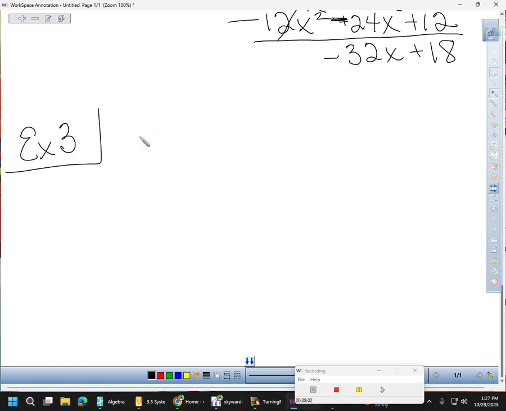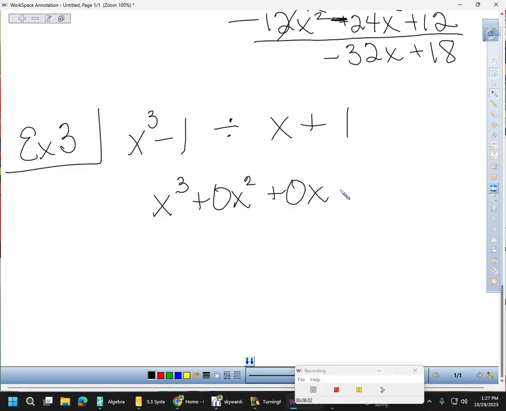Let's say I have x to the third minus 1 divided by x plus 1. So in the house, we have x to the third, but we have 0x squareds, and we have 0x's, minus 1. I have to have placeholders.